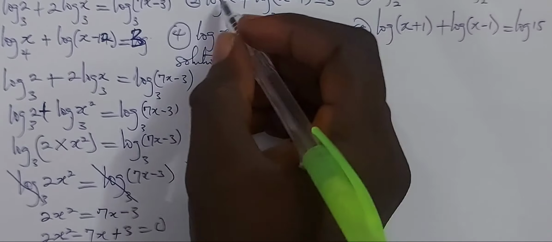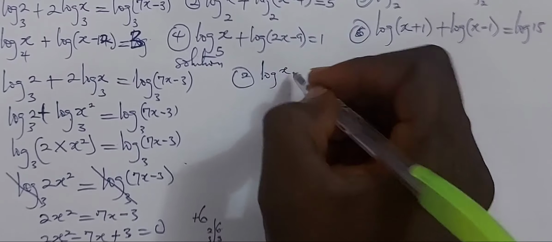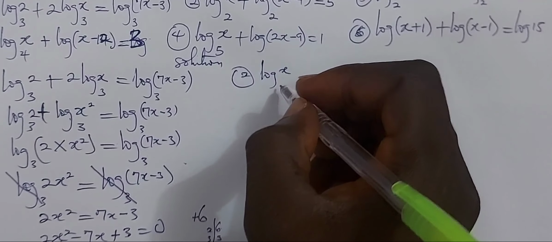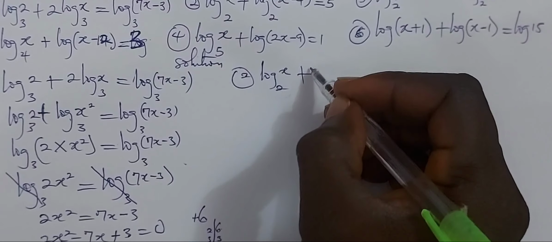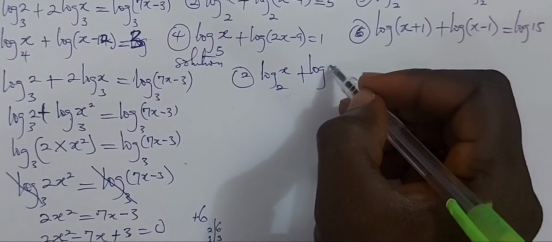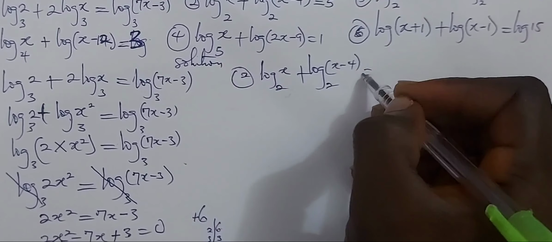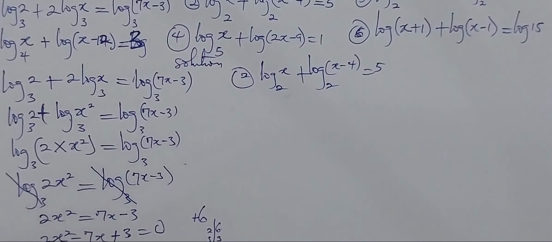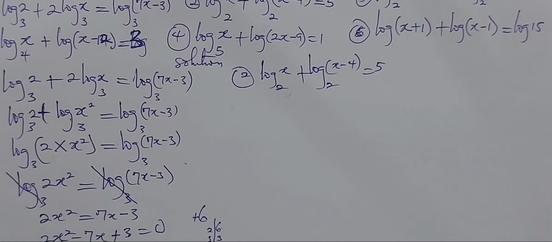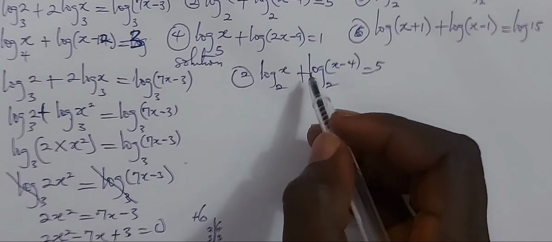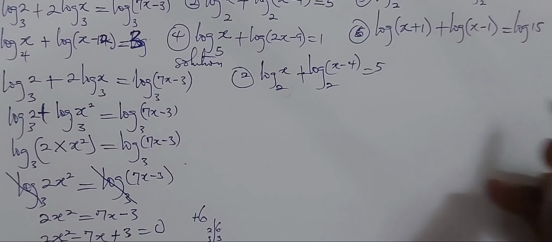So let's solve number 2 here. Number 2, we have log x to base 2 plus log (x minus 4) to base 2, everything equals 5. Since it's plus, we apply the multiplication rule.